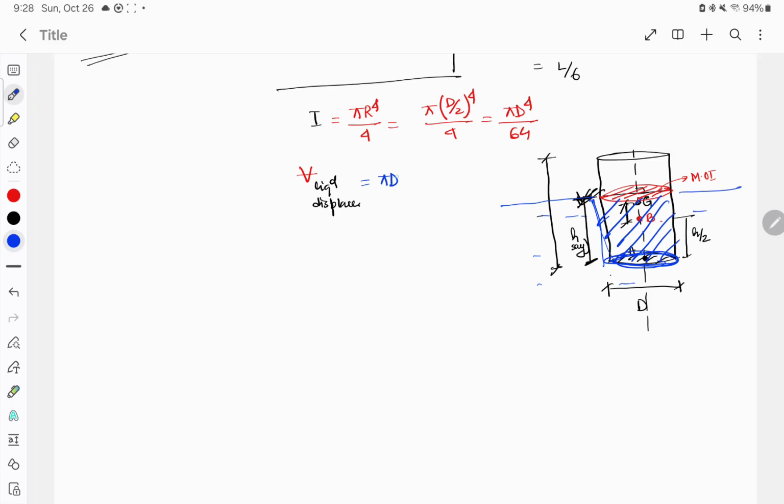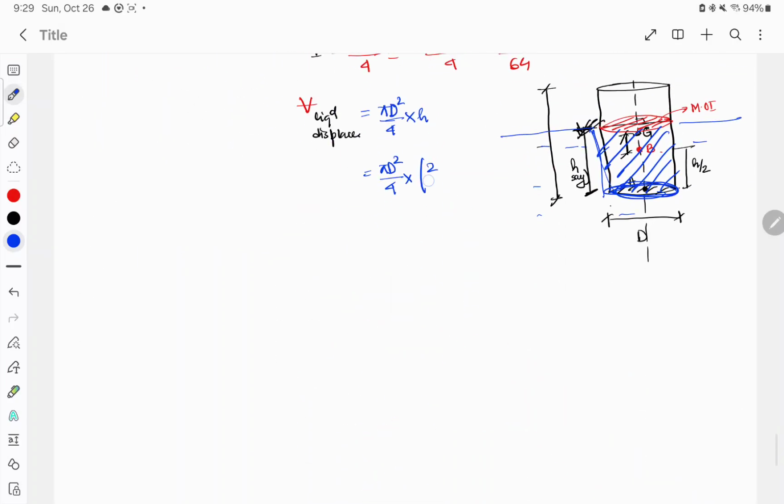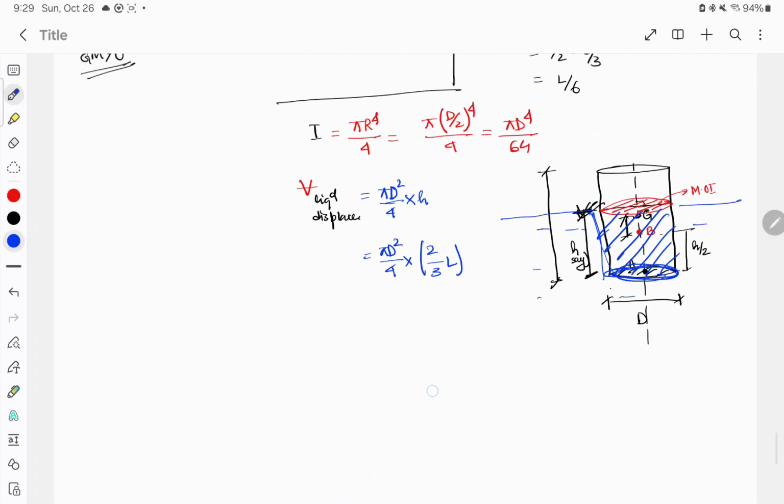The area of this circle is pi d square by 4, into small h. H is 2 by 3 of L.